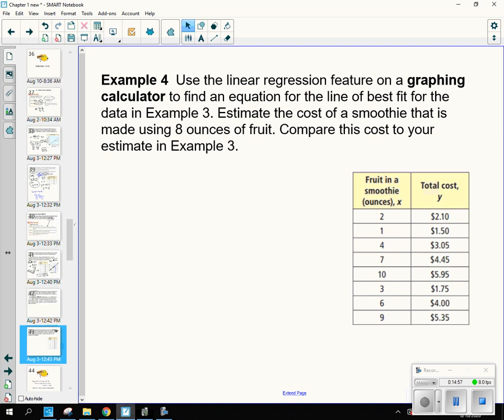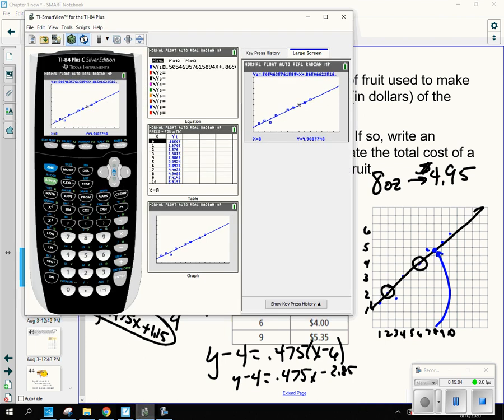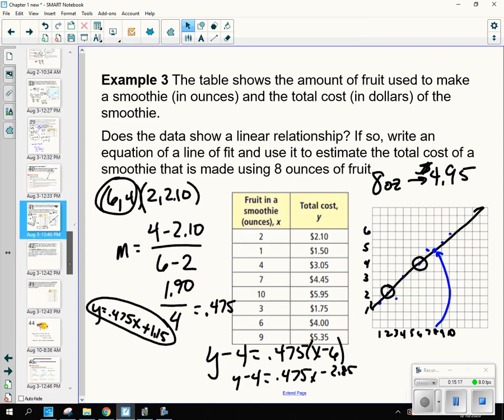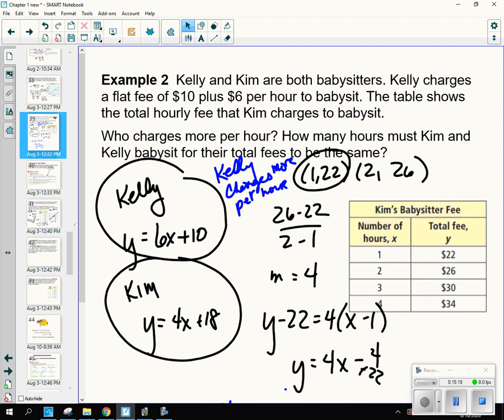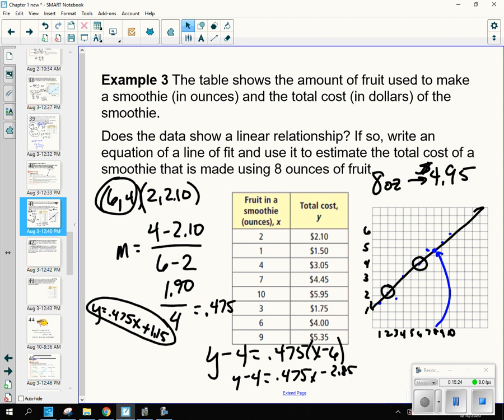If I went back to example 3, the calculator says it should be 4.91, and when I did it by hand, I ended up getting 4.95. So pretty good. My estimation is pretty good when I got $4.95, and then with the calculator I end up getting 4.91.